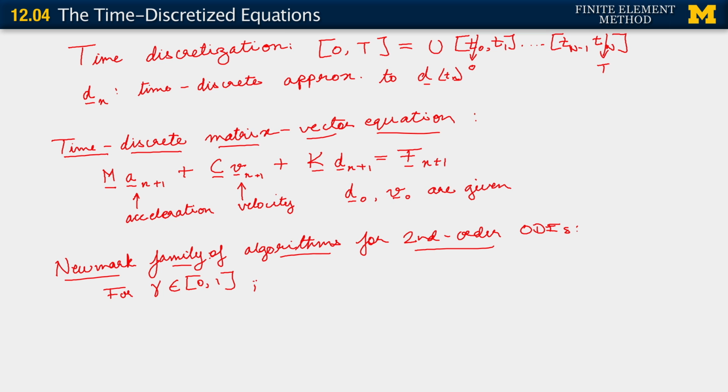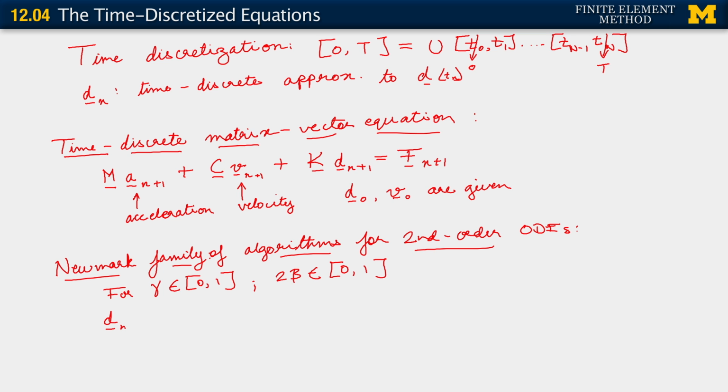The other parameter I'm going to write as twice beta, where twice beta belongs to the interval 0 to 1. Alternately, beta belongs to the closed interval 0 to half. All right. Now, with this in place, here is how the Newmark family works.